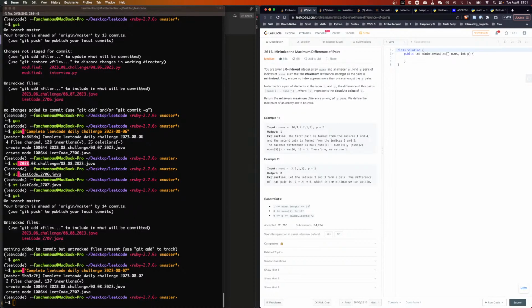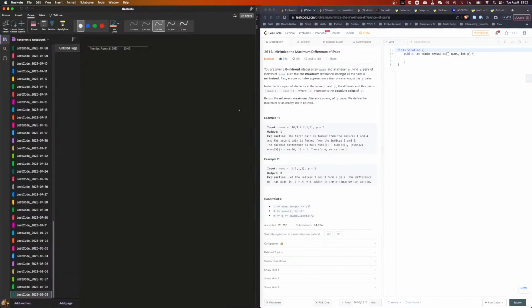So you want to find two pairs, or find p pairs, right? Find p pairs, and we want to make sure that the maximum difference amongst all the pairs is minimized. Okay. So let's sort it first. 1, 1, 2, 3, 7, 10. Now we want two pairs, right?